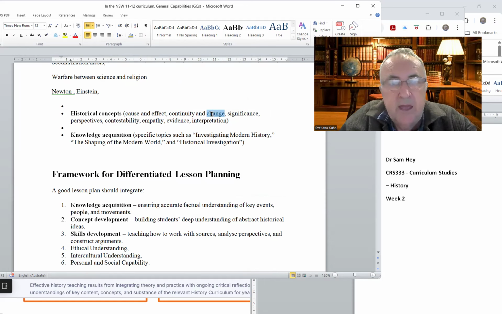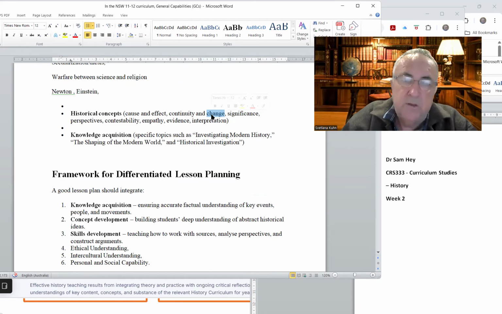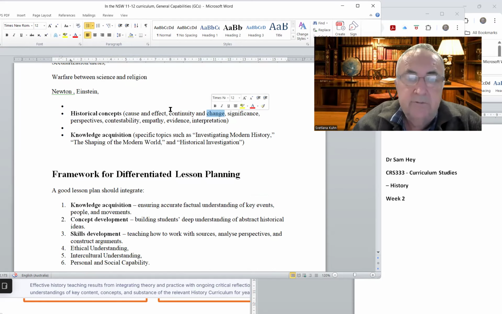And we see that every decade there are major changes. After World War II, with the rise of individualism and the rise of consumerism, there are totally different ways of looking at the world now than 40, 50 years ago, or 100, 200 years ago, or 400 or 500 years ago.